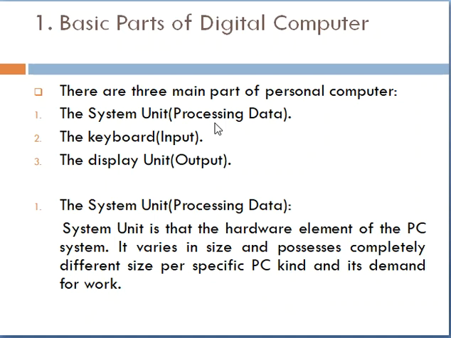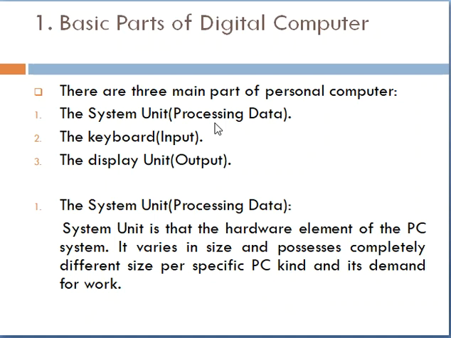We can say in other words that it is a CPU that contains all our peripherals in one unit. It can be vertical or horizontal. Everyone sees the vertical tower of CPU and the horizontal table layout.